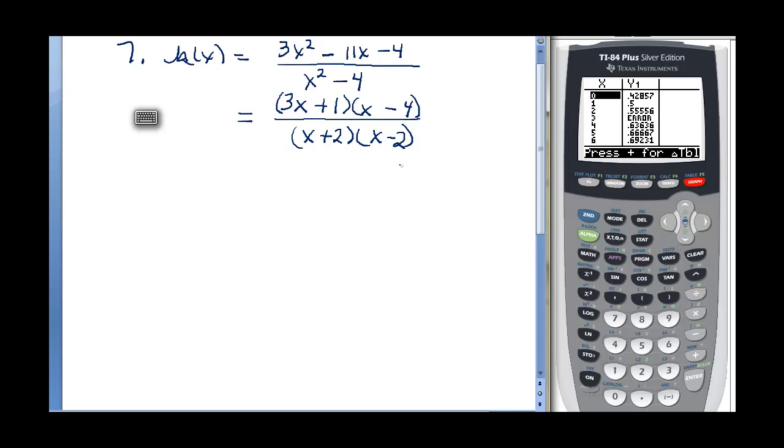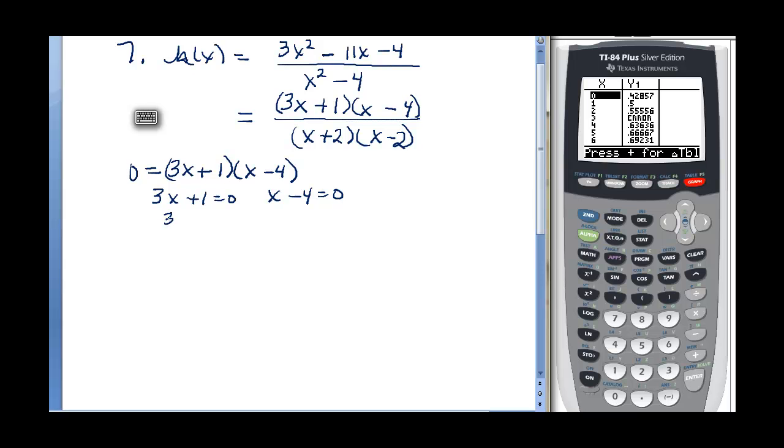Okay, so here I don't have any holes in my graph, and I can determine the x-intercepts by setting the numerator equal to 0, since it needs to be factored anyway. So I have 3x plus 1 is equal to 0, and x minus 4 is equal to 0.